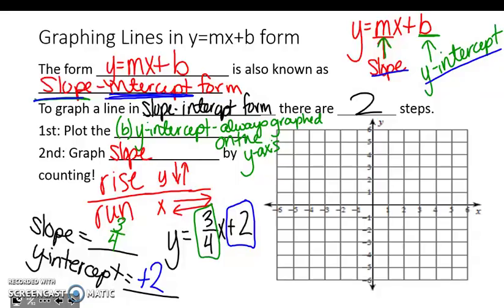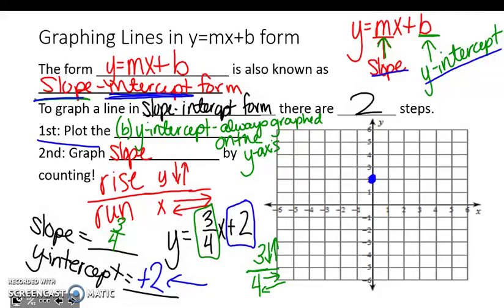So the first thing that I'm going to do is plot the y-intercept. So on the y-axis, I'm going to go where y is positive 2. So that's right here on the graph. Then I'm going to use my slope, and I'm going to write it over here, 3 over 4. 3 has to be either an up or down movement, and 4 has to be a left or right movement.